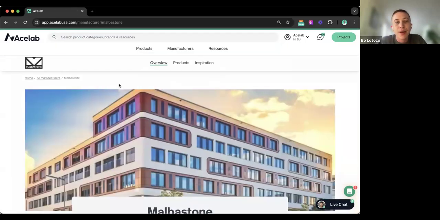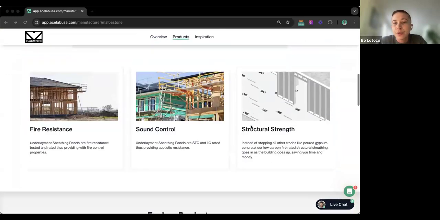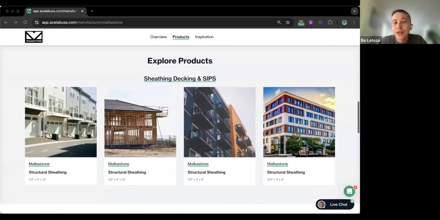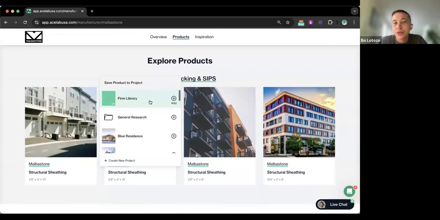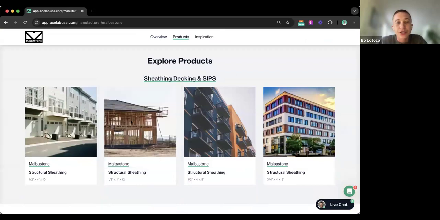You can head over to the Malbastone page on Acelab. From here, you can scroll down to view more about the company and explore their products. What's really great is you can save these to your firm library on Acelab, to your research, or directly to a project, and come back to this product information anytime.